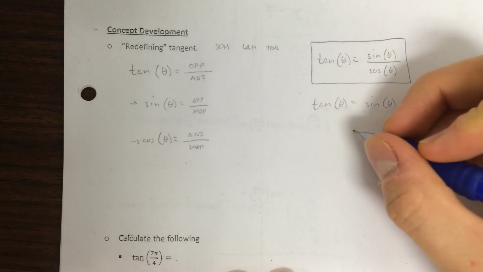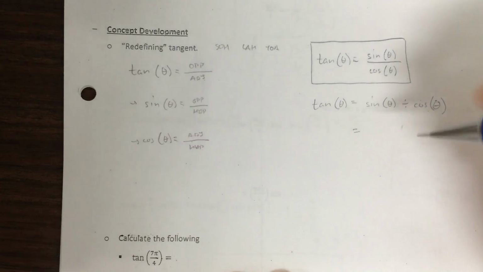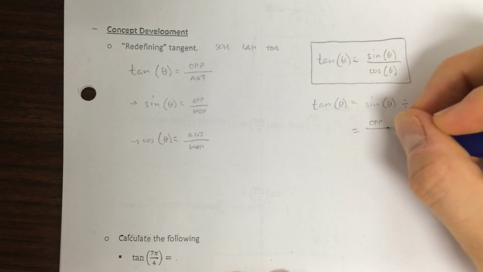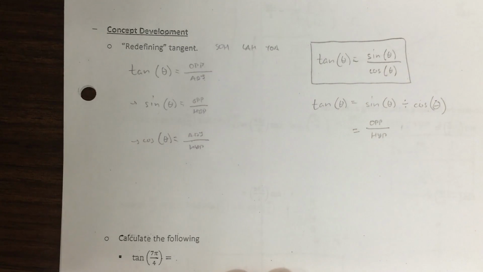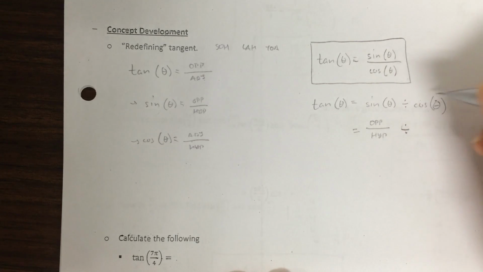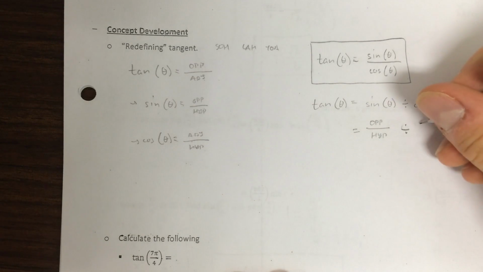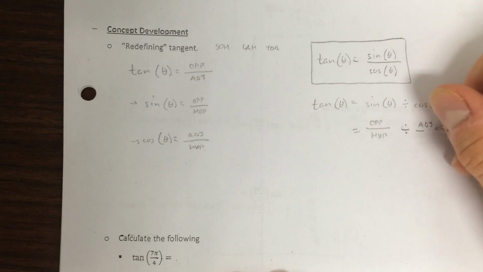So I'm going to replace sine. It's the same as opposite over hypotenuse. So I'm going to replace sine with opposite over hypotenuse. And we're dividing by cosine, which is the same as adjacent over hypotenuse. So instead of cosine, I'm going to write adjacent over hypotenuse.